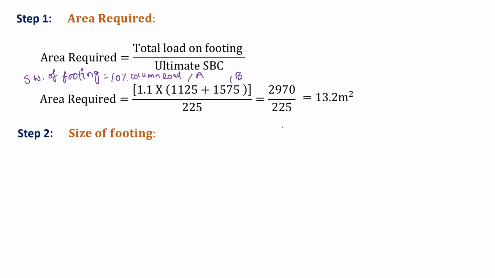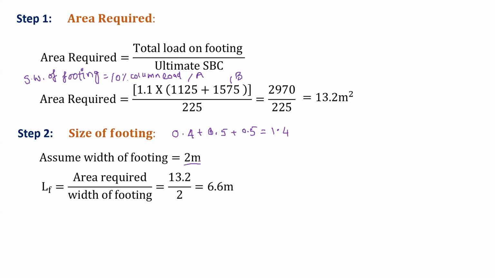Now we have to provide the size of footing. For the width, as we have already seen, we have to provide a minimum of 0.5 beyond the column on each side. The column depth is 0.4, plus 0.5 plus 0.5, which gives 1.4. Beyond 1.4 you can provide any value, so I have taken it as 2 meters.